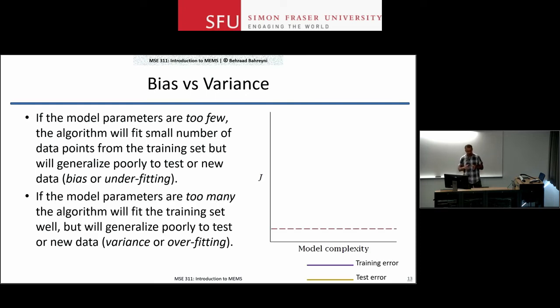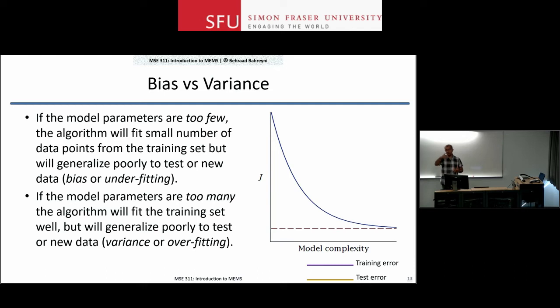When you have model complexity here, for example, if you go back to the regression examples, model complexity is the order of the polynomial that you're using to fit that data. So, order 1, 2, 3, 4, 5. That's on your x-axis. And typically, your training error goes down with model complexity.